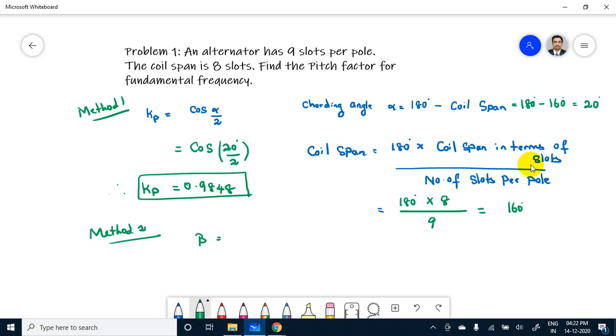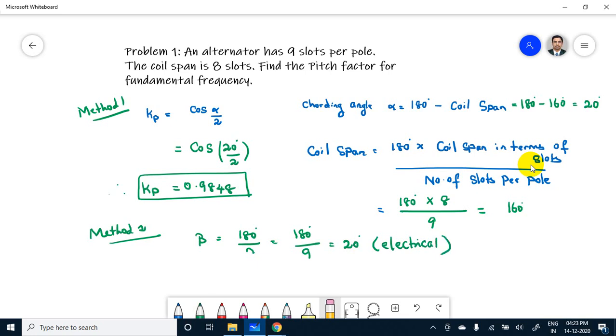Beta equal to 180 degree divided by n, where n is the number of slots, 9, giving 20. This value will be electrical, because we are talking about a generator, which converts mechanical into electrical.